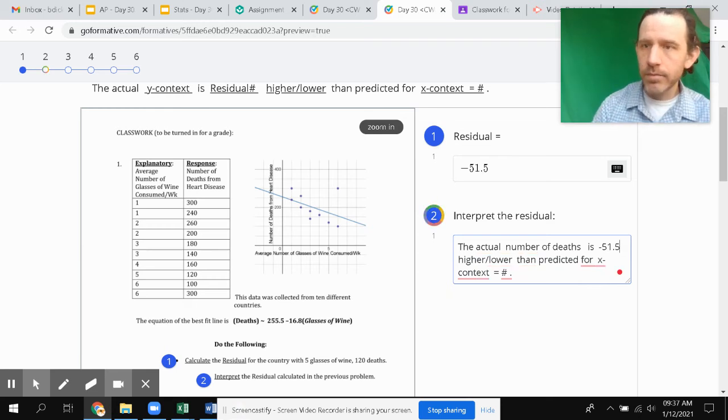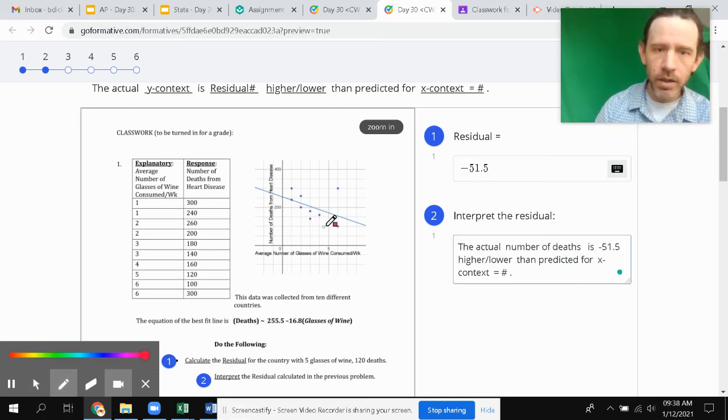That's the number we got in number 1. So we put that there. The hashtag sign actually is a shortcut to write for number. So when you see that here, you're giving me an actual number, and that's the residual, which is negative 51.5. And if I'm looking at that point, I'm thinking, where's that point compared to the equation of the line? It's below, right?